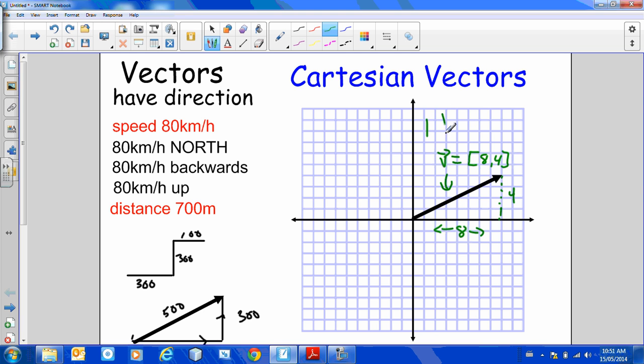The size of that vector, the magnitude, being the absolute value, recognize the symbol there, is going to be the square root of 8 squared plus 4 squared. Okay, so just using the Pythagorean theorem here, square this, add them together, take the square root to establish the size.